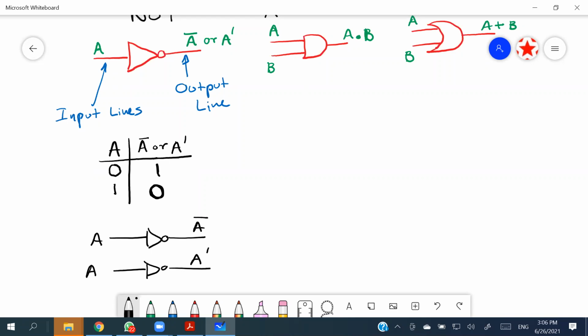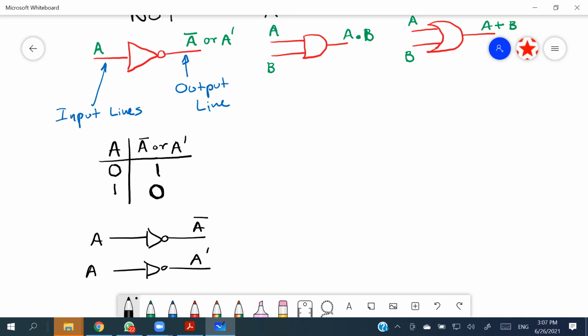Whether we indicate it with A bar or A dash, it's the same thing they are going to indicate. So the people who invented Boolean algebra, or this gate related section, say you can indicate it either with A bar or with A dash, right?